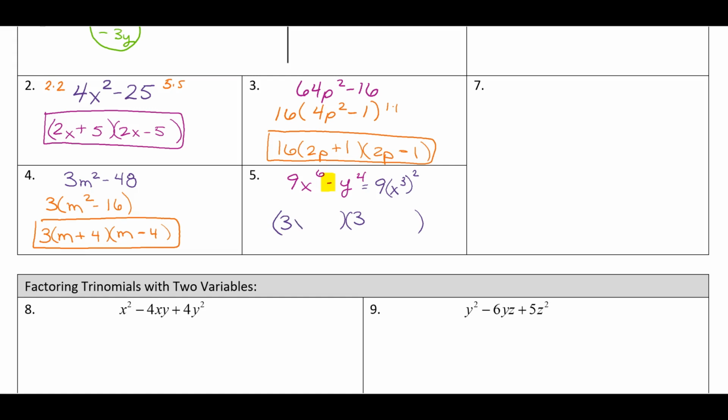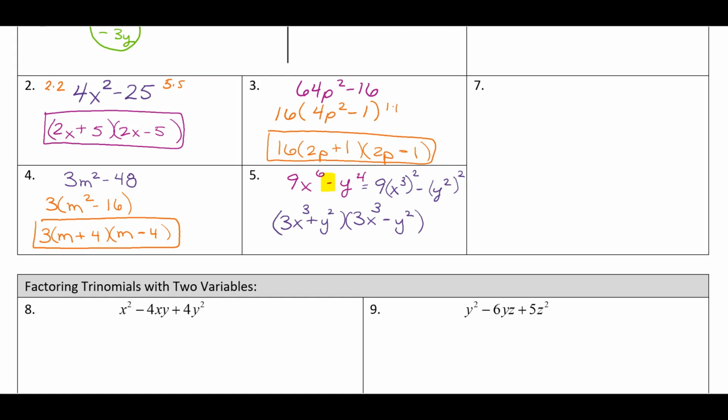So what this means is I can rewrite this as x cubed times x cubed. So anytime you have an even power, it's actually going to be a perfect square of some sort. You can rewrite it. So the same thing is true for this y to the 4th. I can rewrite y to the 4th as y squared to the 2nd. So plus or minus, and then we'd have y to the 2nd, y to the 2nd.